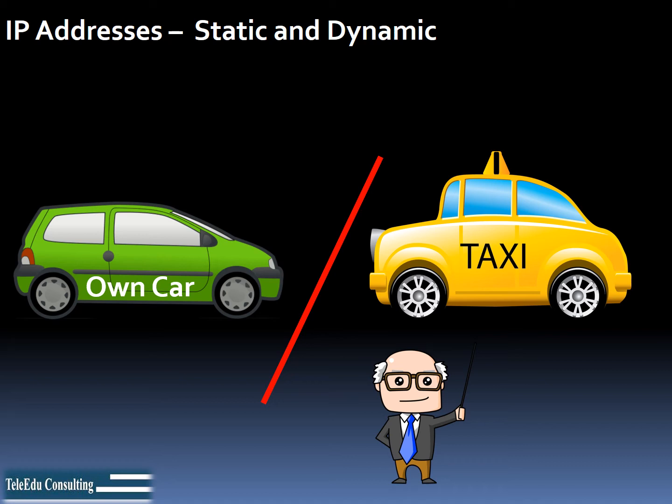In case we use the taxi service, the type of the car might change as the travel agency controls the allocation of car. Whatever option we use, travel will happen in any case. Static and dynamic IP also behave exactly in the same manner. Whatever IP we use, out of static and dynamic, connectivity will happen.